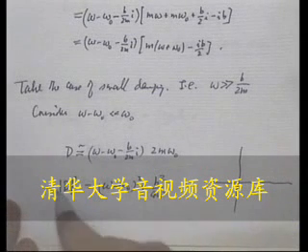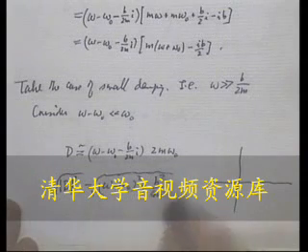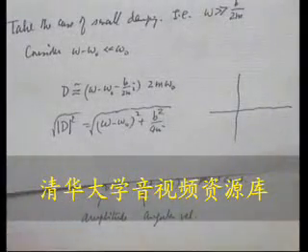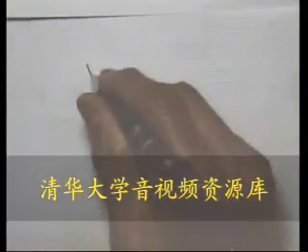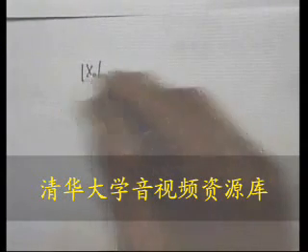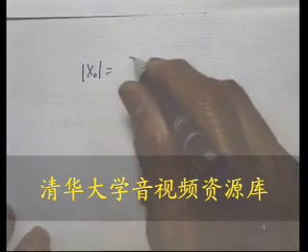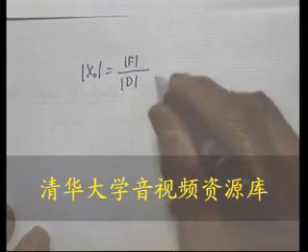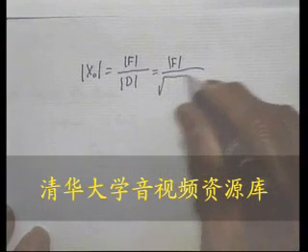If I now take the square root of this and put it in the denominator, the absolute value of x0 is equal to the absolute value of f divided by the absolute value of d, and that's equal to the absolute value of f divided by this number.